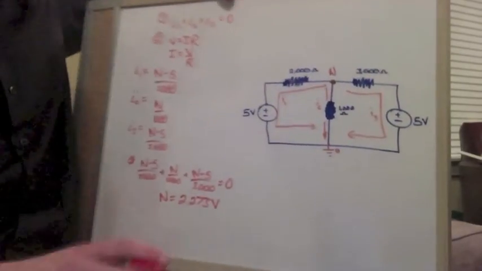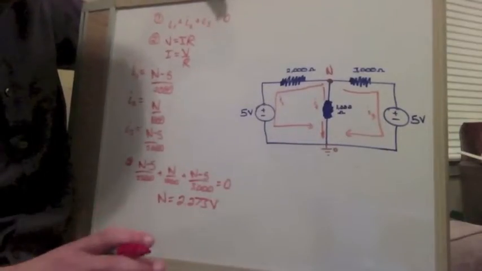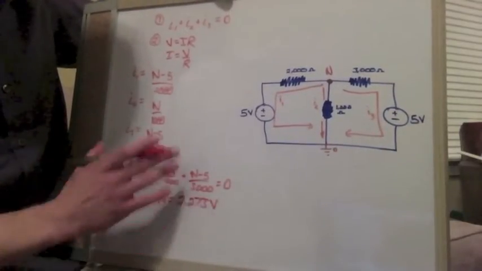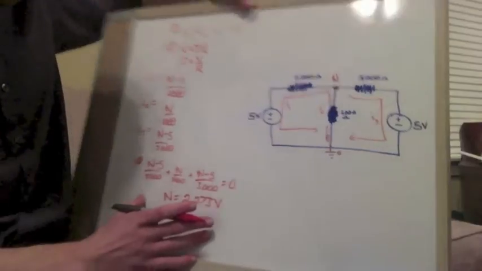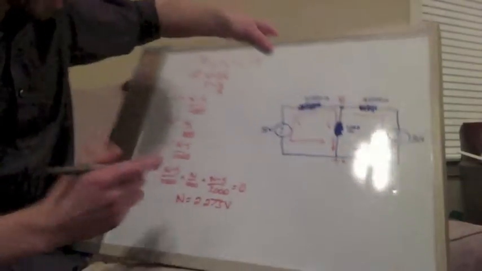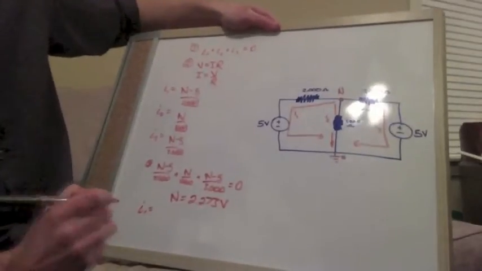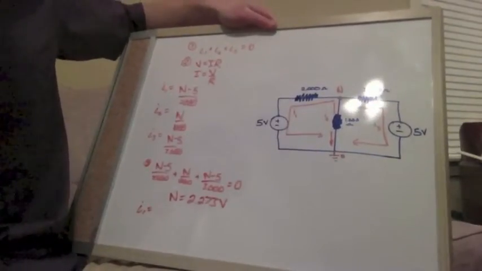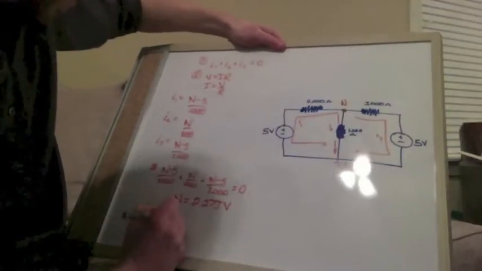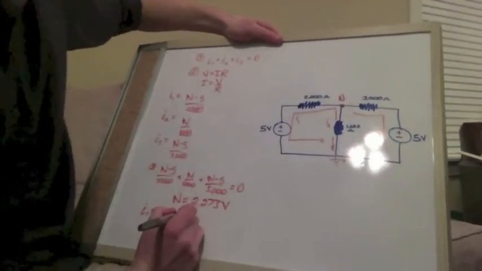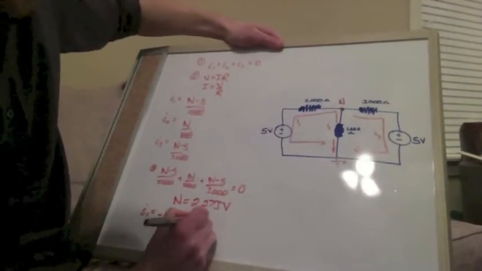Again, I'm going to skip a little bit of the algebra for you. This might be a little bit simpler than this equation, though, and I'm going to tell you what they are. I1 is equal to negative 1.365 milliamps.